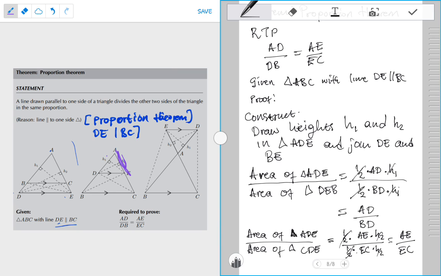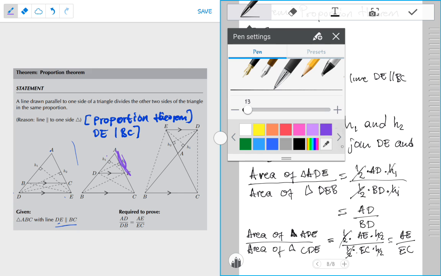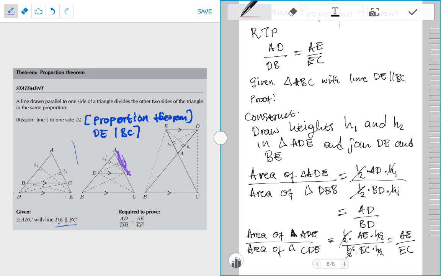Now the reason for this, remember in Euclidean geometry you will write why we are saying this. It is because of the same height.